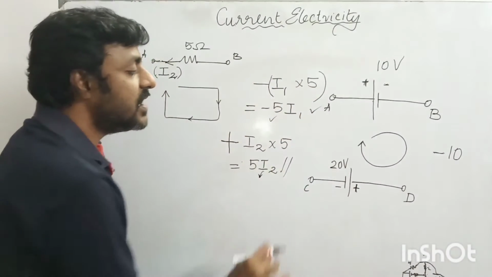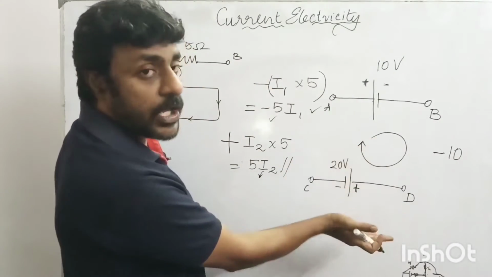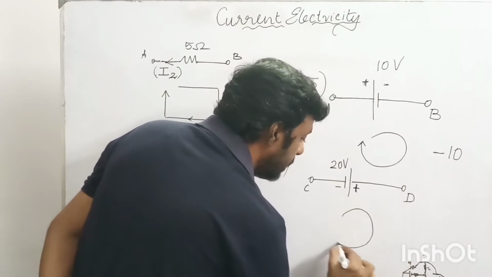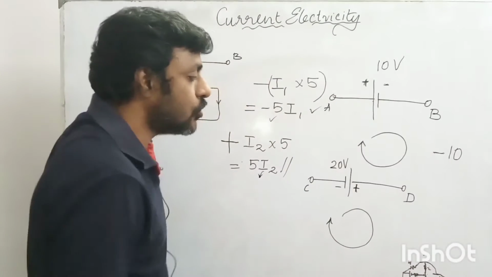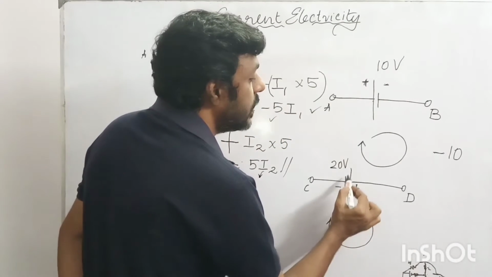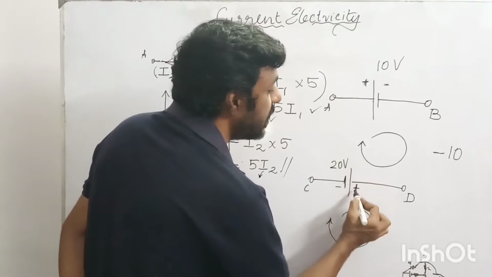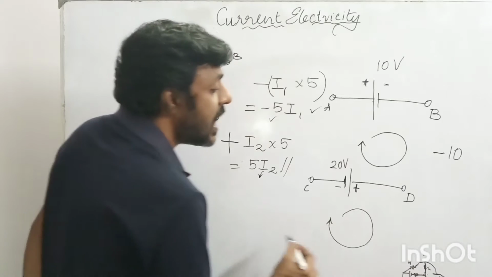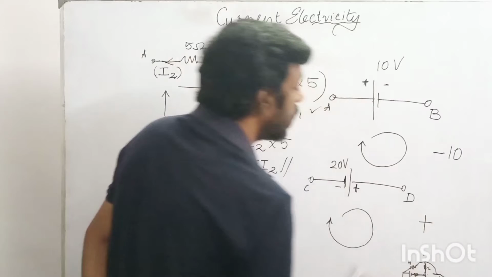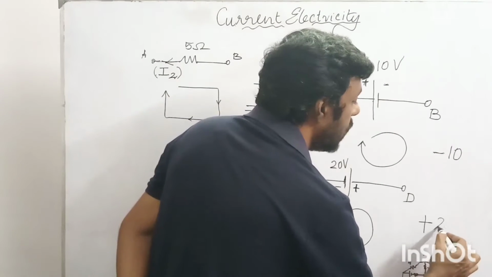This is the amendment which I am doing in scenario 4, right? So again, as usual, my direction of travel will be in the clockwise direction. During my travel, if I happen to notice a battery such that the negative terminal comes first and the positive terminal comes second, then I will automatically introduce a plus sign and put 20 volts.